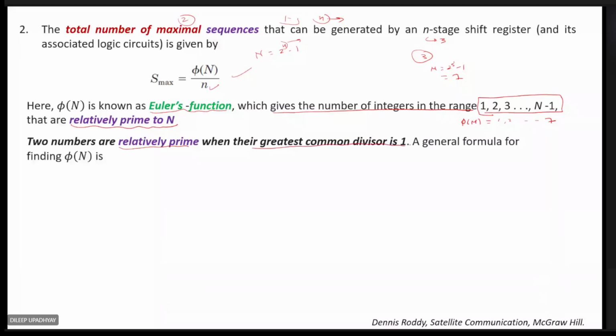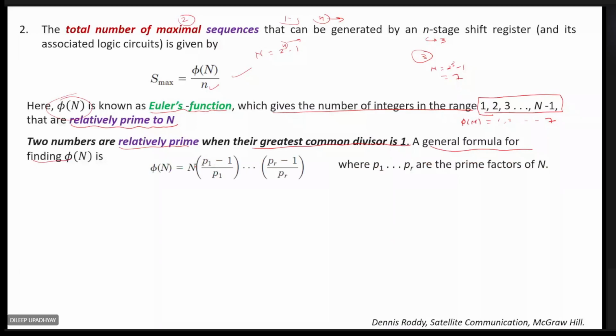The general formula for finding phi N is N times (1 minus 1 by p1) times (1 minus 1 by p2) and so on up to (1 minus 1 by pr). Here p1, p2, up to pr are the prime factors of N. If you know the various prime factors of N, they give you the values of p1, p2, p3 and so on.